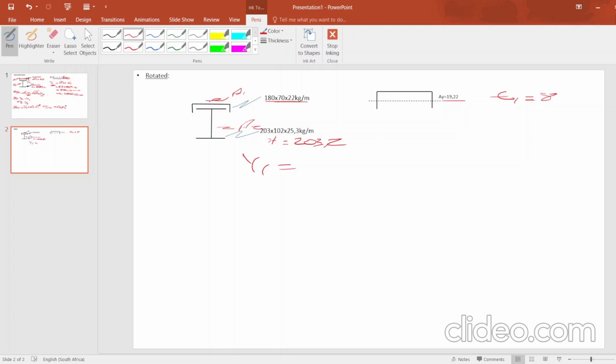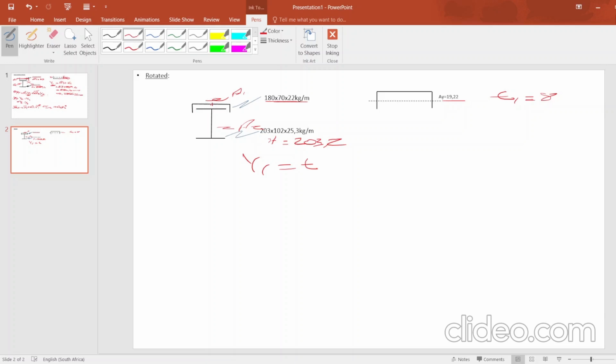Now the Y1 will be 203, the height. Okay, let's start by writing first in words so as to have the clue. It is the height, actually it is the thickness. If you can look at your channel, it is resting on this eye profile with this thickness.